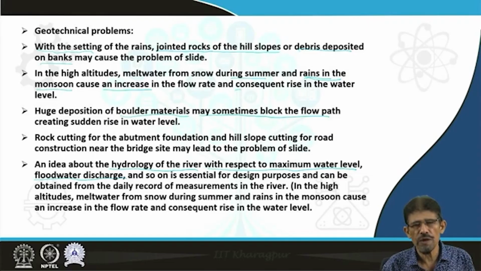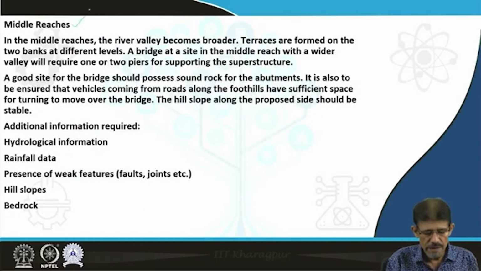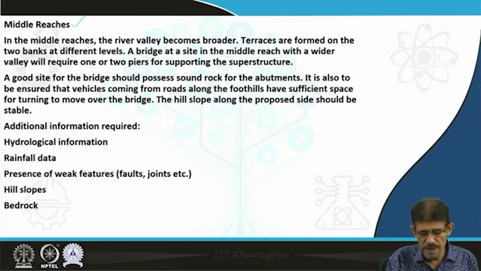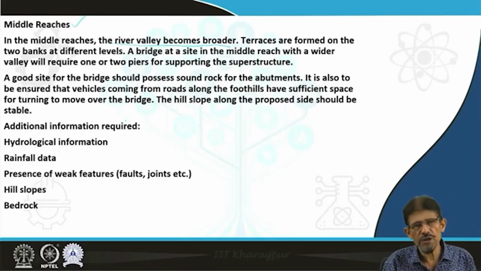We keep in view the data regarding snowmelt as well as rainfall, based on daily, weekly, monthly and yearly records. In the case of the middle reach, as you know, the river width is increased compared to the upper reach, the river valley becomes broader, and terraces are formed near the banks of the river.